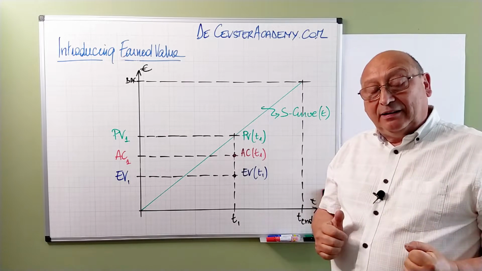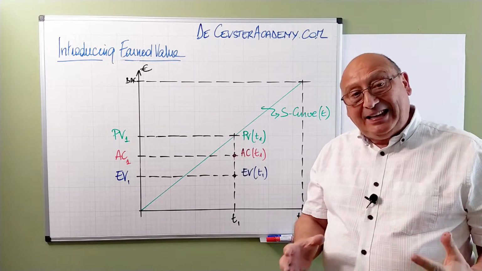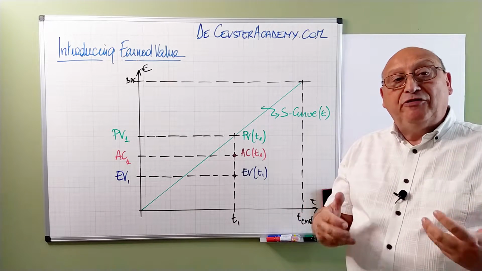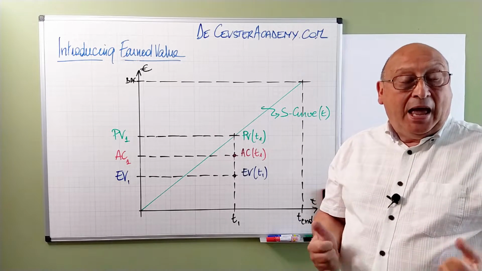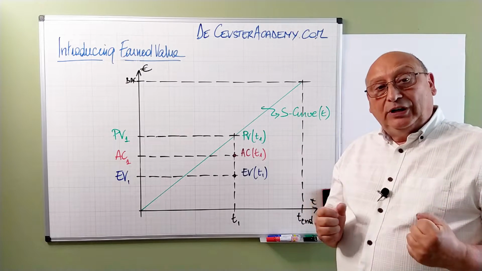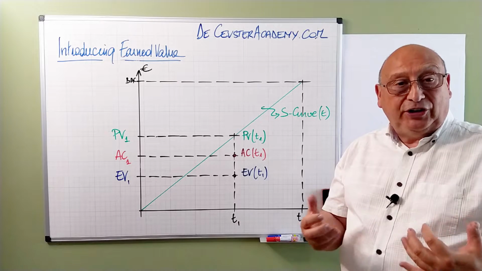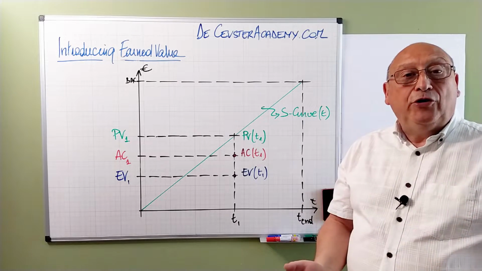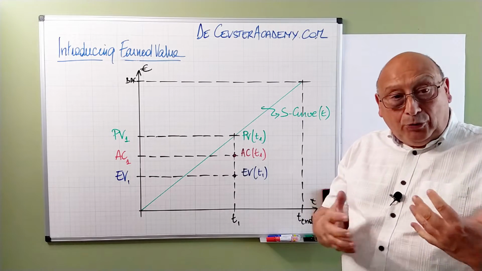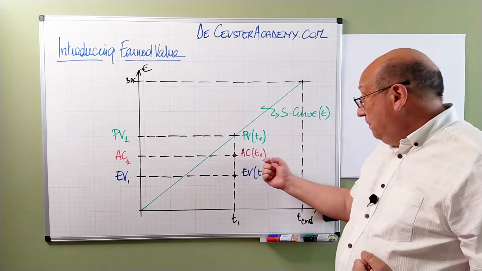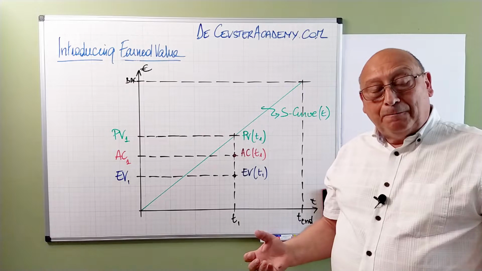Now, what is happening? Every time we create a deliverable, we in fact earn the value of that deliverable. And that value is what we call earned value. Each time we create a deliverable, we earn the value of it. So when we are looking at the graph, the first thing to define here is the parameter earned value.